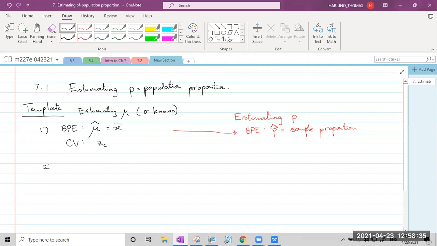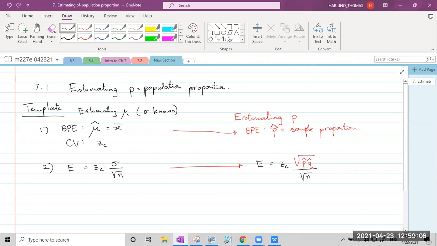Okay, how about the margin of error? Margin of error was critical value times sigma over square root of n, right? Now it changed a little bit. The margin of error will be equal to critical value, the same method, times square root of p hat q hat over square root of n.